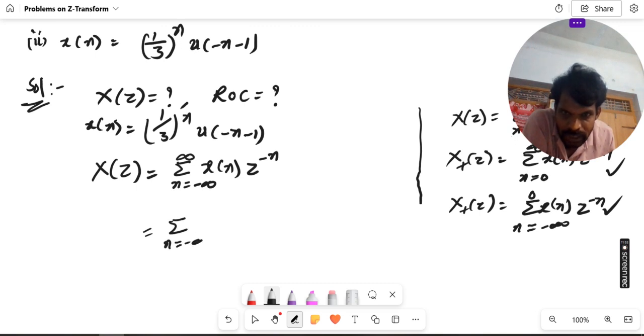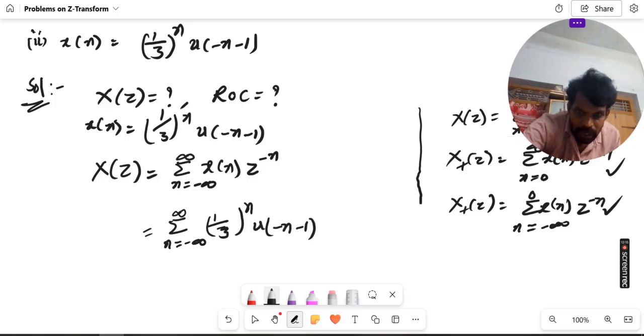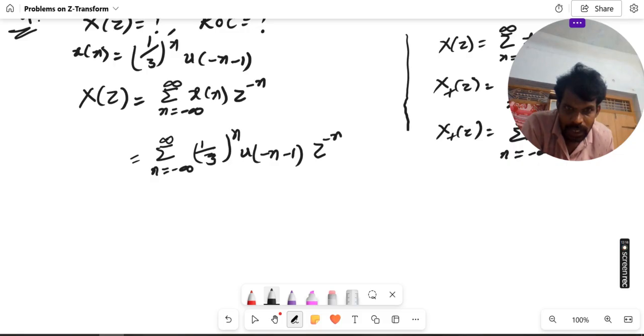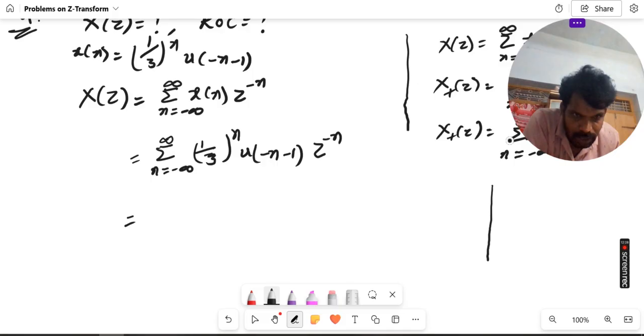n is equal to minus infinity to infinity. In place of x of n, we are going to substitute (1/3)^n into u of minus n minus 1, into z to the power of minus n. Here u of minus n minus 1 is the exact mirror part of the unit step function.